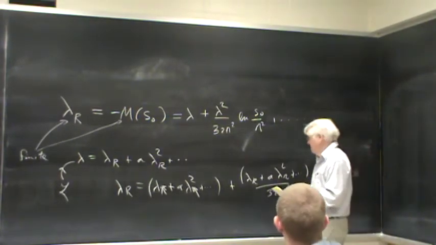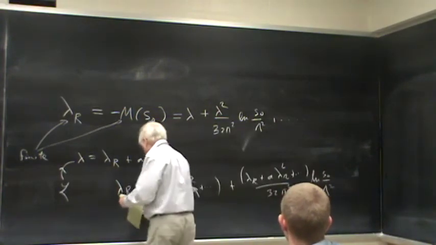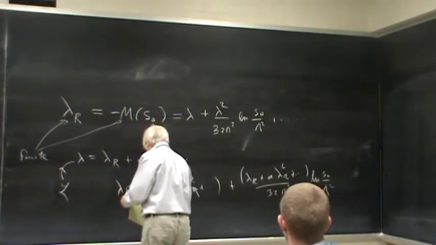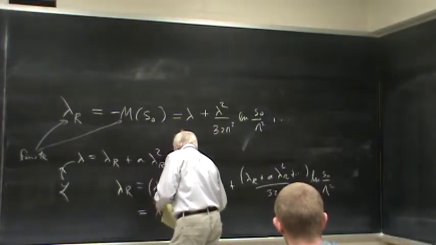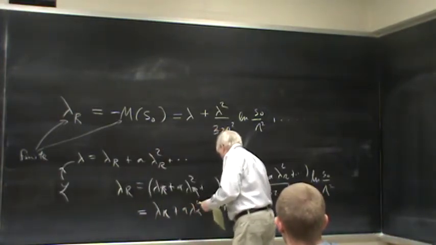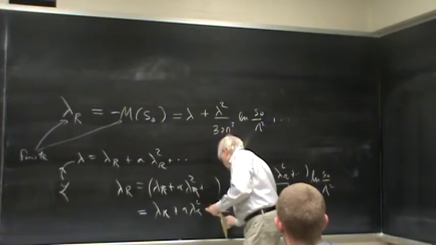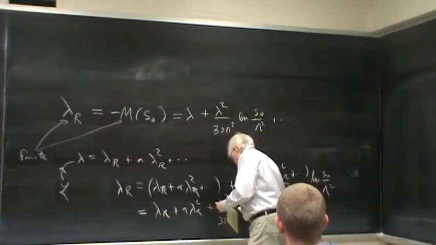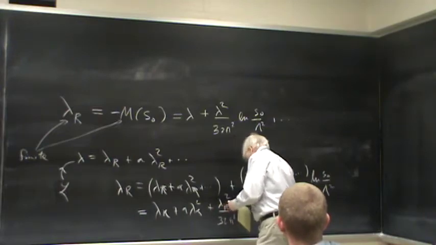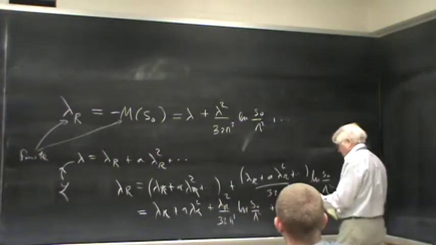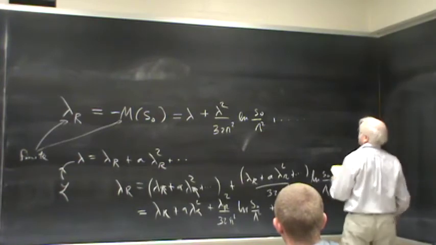Simplifying it a little bit, lambda r is lambda r plus a lambda r squared plus lambda r squared over 32 pi squared log S0 over lambda squared, and then dot, dot, dot. Well, that means that we know what A is.